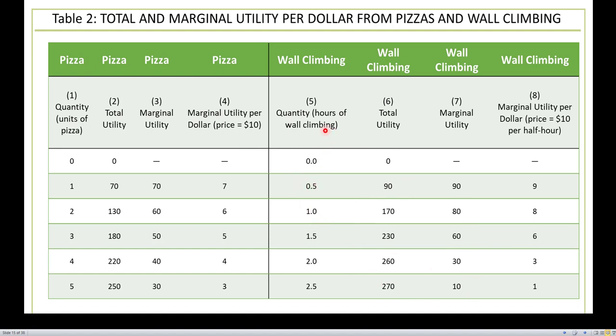So instead of seeing it as hours of wall climbing, just think about it as the first unit of wall climbing, the second unit of wall climbing, the third unit of wall climbing, and so on. Because if we just use the hours of wall climbing right here, it'll make these numbers not work out based on the calculations and formulas that we've been using. So just think of it as, instead of the half hour of wall climbing, the first unit of wall climbing. 1 hour of wall climbing is the second unit of wall climbing, and so on down the line. So just something to keep in mind.